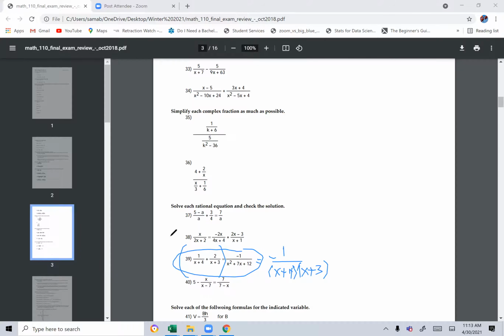What will happen when we multiply both sides? x plus 4 times x plus 3 divided by x plus 4 for the first one will give me x plus 3. Plus 2 times x plus 4, guys, times x plus 3 divided by x plus 3 will give me x plus 4.